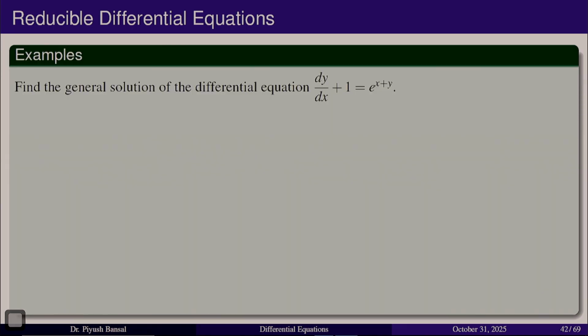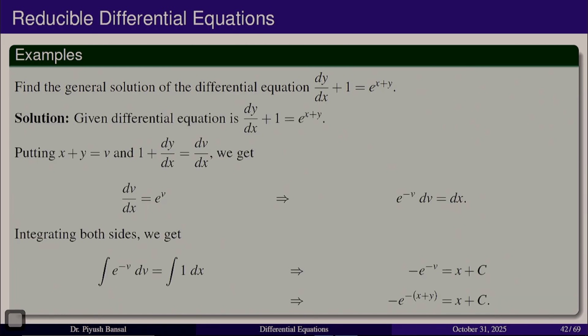This is one example of that type: dy by dx plus 1 equal to e to the power x plus y. As you can see here, this x plus y is coming in the power of e. Initially this is not a separable one, but what we can do is substitute x plus y as v, and this will reduce the equation further to dv by dx equal to e to the power v.